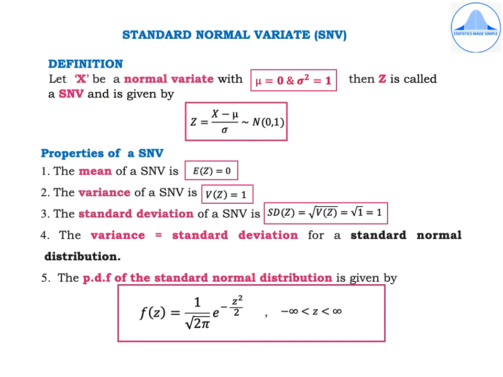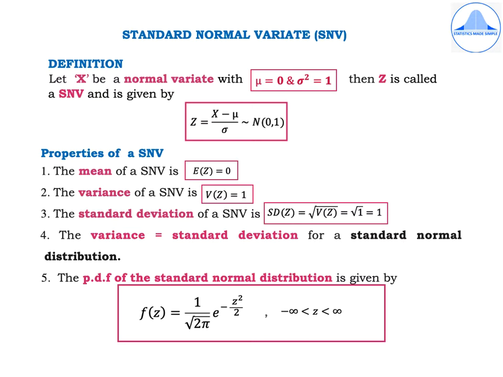Next one, the variance of a SNV is V of Z equal to 1. The third property, the standard deviation of a SNV is SD of Z equal to root variance of Z, which will be equal to root of 1, which is equal to 1. So the first three properties can come as a 1 marker.